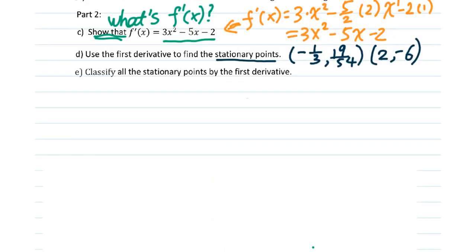Now let's go to E, classify all the stationary points by the first derivative. We will classify at x equals -1 over 3. So we will draw a table.